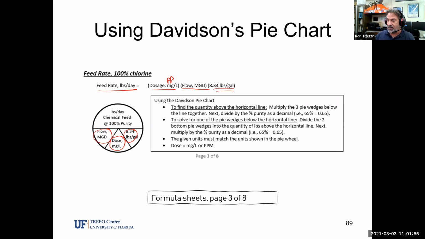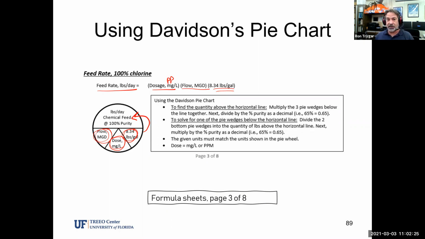So if we have a flow number and we know the dosage number, and we always know 8.34 because that's a constant, we always multiply those numbers together. That answer will come out to be the pounds per day of the chemical. Now, if it's 100% chemical, like chlorine gas is, then we are good to go. That's the final answer. We don't have to do anything else.